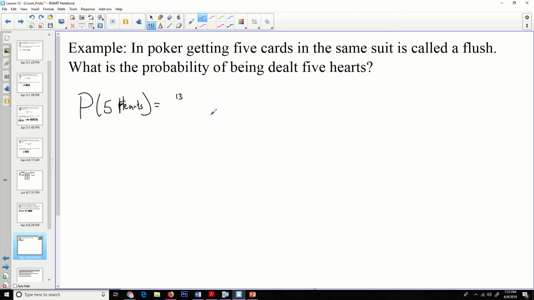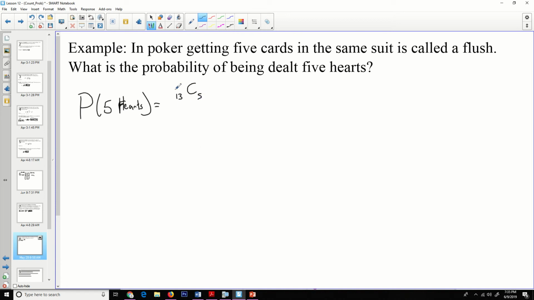And in cards, it's a little bit different than the last example, because what's the first thing that you do when you get a hand of cards? You reorder them so that you can play them the way that you want. So it doesn't really matter what order you get the cards. And since it doesn't matter what order you get the cards, we're going to talk about a combination of the 5 cards that we're getting.